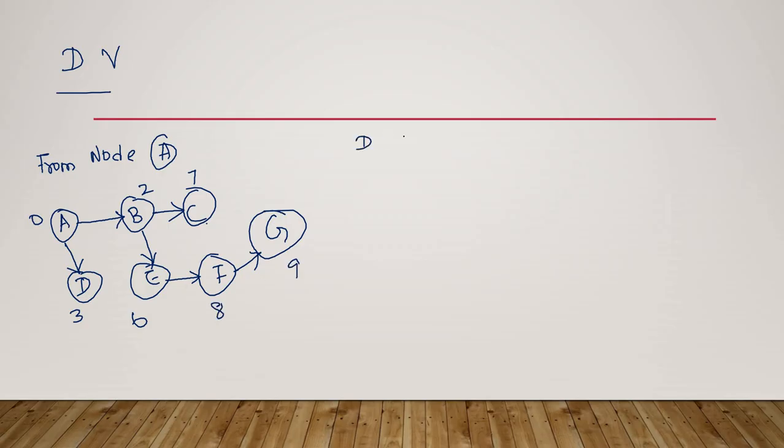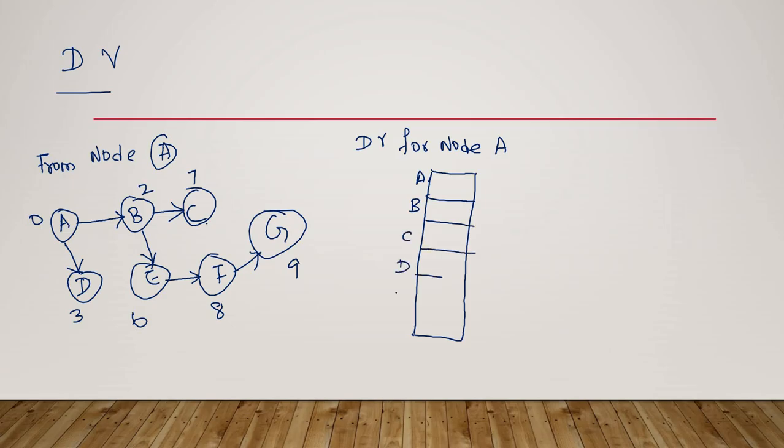Now the distance vector for node A. We have to maintain a table like this, from A to A, A to B, A to C, A to D, A to E, A to F and A to G. Now we fill in the values for all the other nodes. A to A, the value is 0.